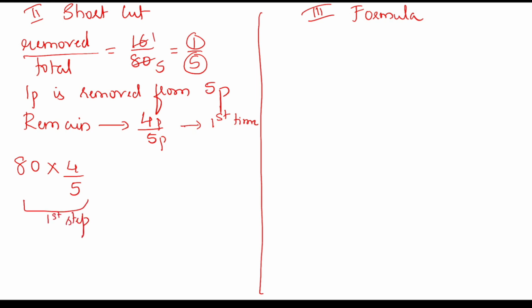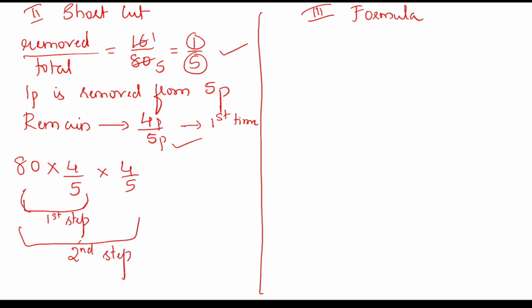Then again 1/5 is removed. Again this process is repeated once more, isn't it? Again when 1/5 is removed, again 4 by 5 will remain. So 4 by 5 of this part will remain. So again we multiply by 4 by 5. This will be the second step.